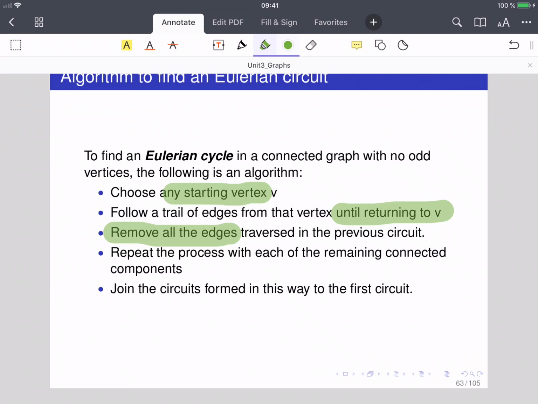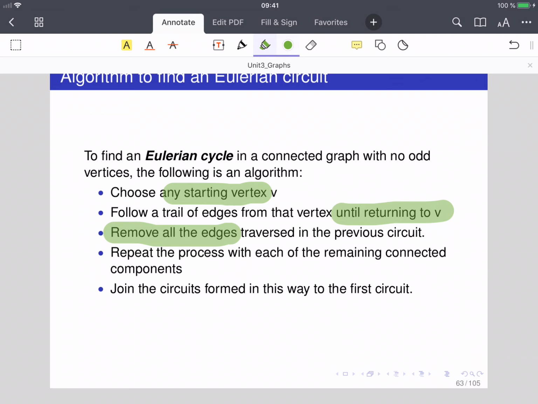So we always remove edges in pairs. So we started with an even degree in all the vertices, and when we remove edges in pairs, we still have an even number of edges. So we can apply the algorithm to all the connected components in turn. Separately, we apply the algorithm to each of the connected components, and we obtain the cycle.